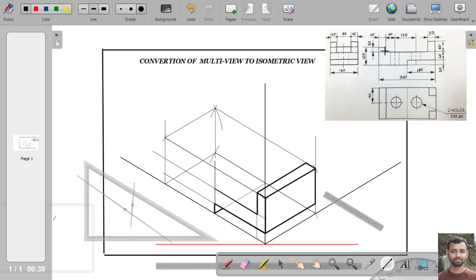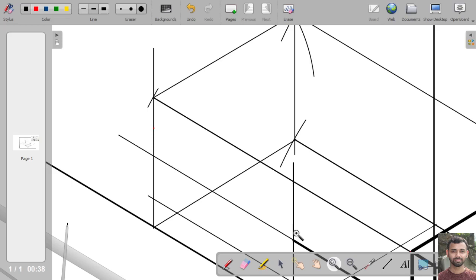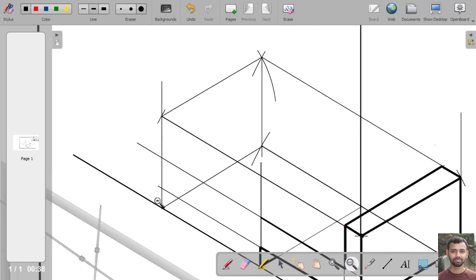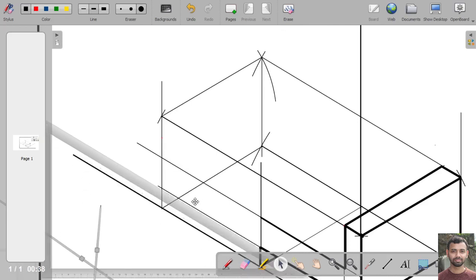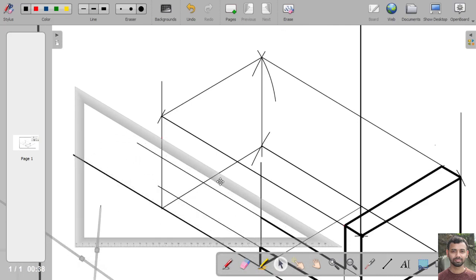Now to do this part, we have to measure this height. I hope we have measured this portion. We have already measured this portion. So this point is already given, and this distance is given as 45 mm. So at first, we have already located the point.